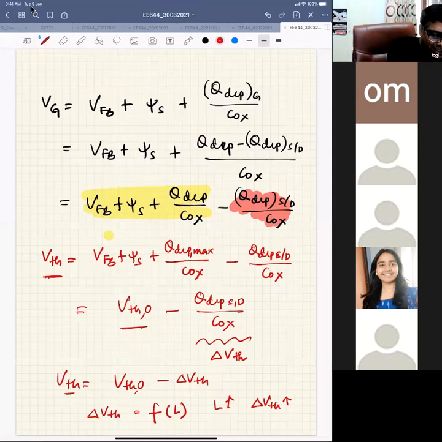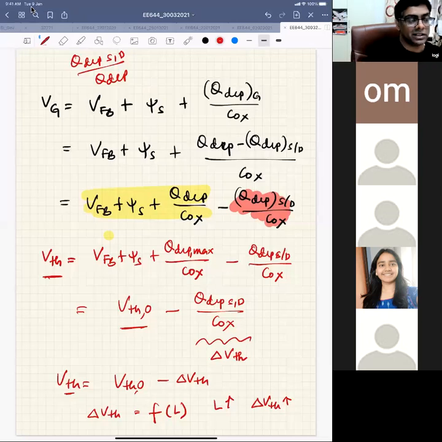But I am worried about this Q depth contributed by source drain divided by Q depth. You make a good point. Let's put it in this way.